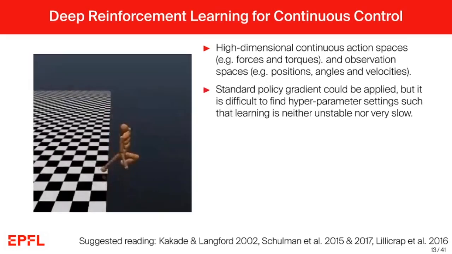Now, pretty early on, it was observed that standard policy gradient could be applied in principle to this setting, but that it is rather difficult to find hyperparameter settings such that learning is neither unstable nor very slow.